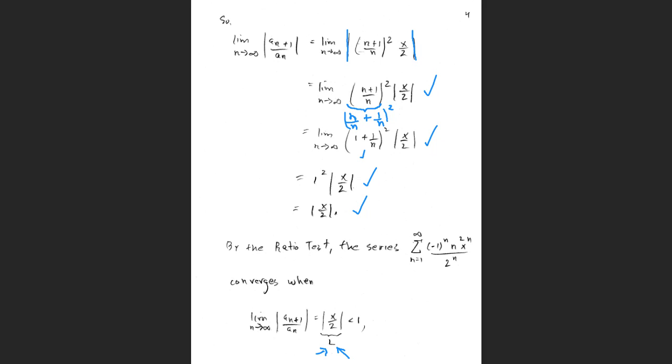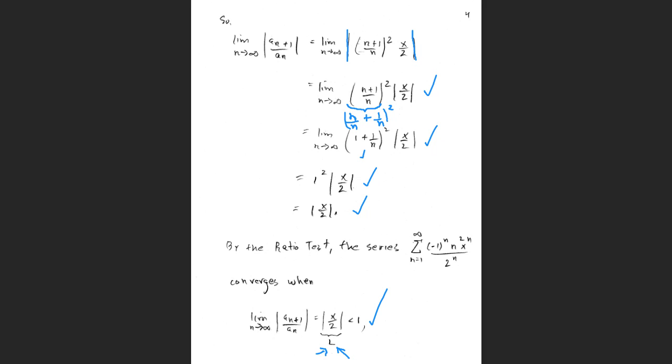Well, if the power series converges, the ratio test says convergence occurs when that limiting ratio L is less than 1. So that's how we're going to find out the values of x for which the power series converges.